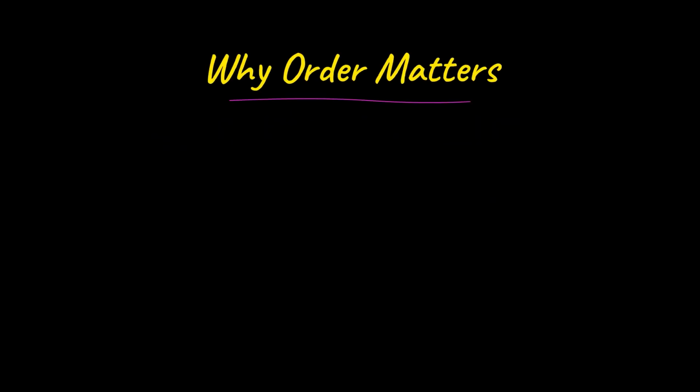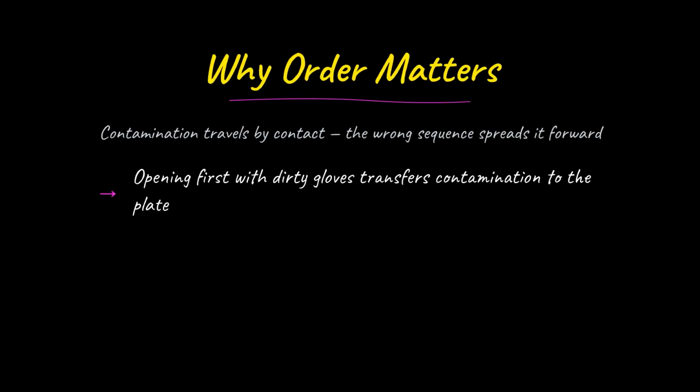The correct order has 3 steps. First, decontaminate or carefully handle the outer barrier. Second, peel it back so the clean receptor drops into a clean field without touching the dirty surface. And third, discard the pouch and proceed to scanning. Each wrong approach fails for the same reason. Contamination travels by contact.